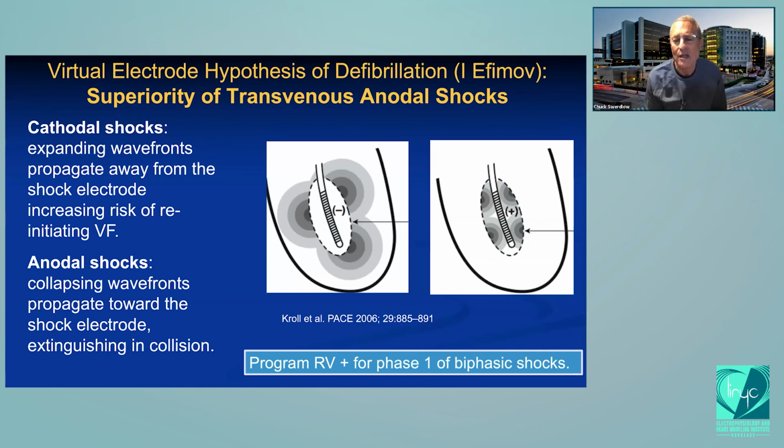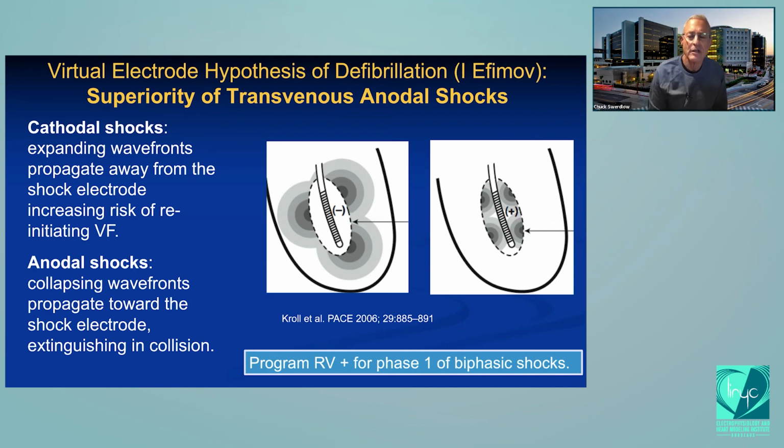And this was before Dr. Efimov and others had shown, clinically, theoretically, and with all the available clinical data, although there's not all that much, experimentally that anodal shocks are superior. So Boston devices should all be reprogrammed to anodal shocks.